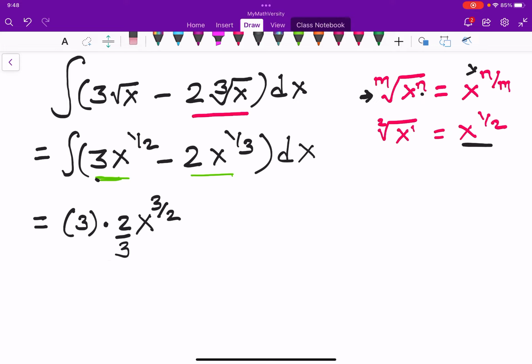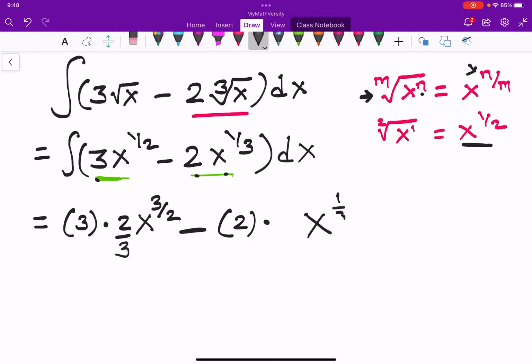Do the same thing on the second term. We have a minus sign, and on the second term 2 times x to the power 1/3. So we have 2 times the antiderivative of x to the power 1/3. Again by the power rule, its antiderivative is x to the power 1/3 plus 1. What is 1/3 plus 1?